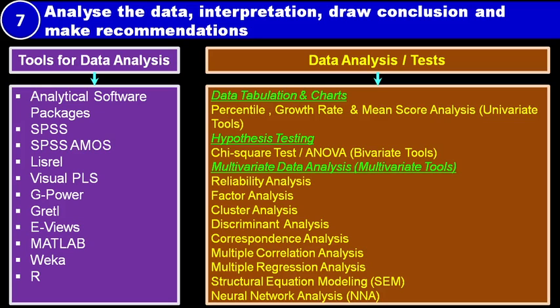Hypothesis testing, chi-square test, ANOVA. These are the bivariate tools. Multivariate data analysis tools like reliability analysis, factor analysis, cluster analysis, discriminant analysis, correspondence analysis, multiple correlation analysis, multiple regression analysis, structural equation modeling, and neural network analysis.